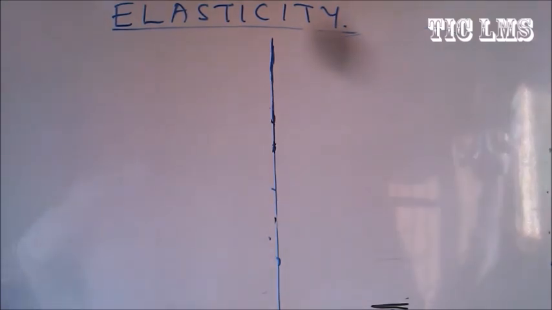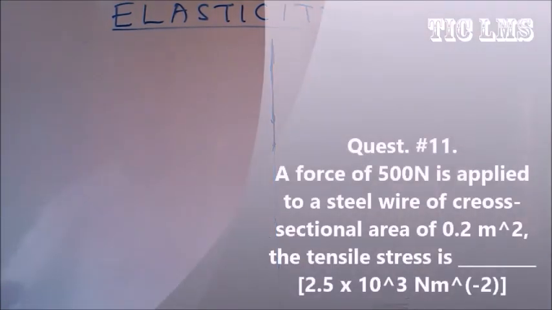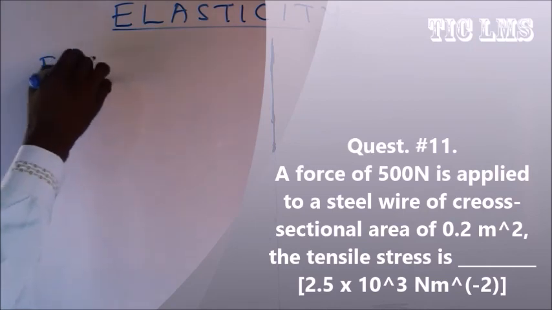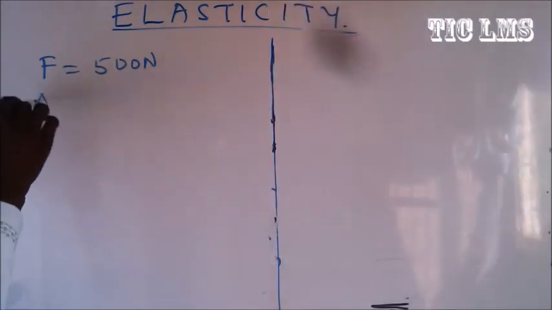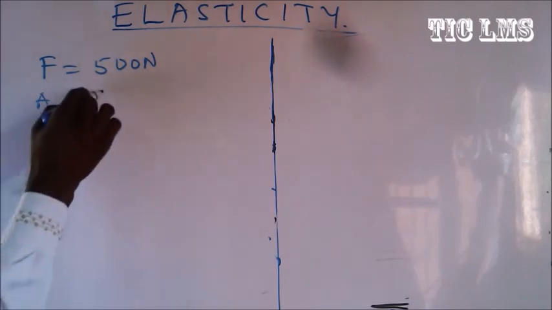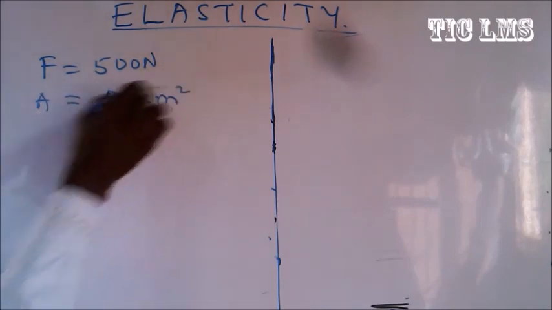This next question says that a force of 500 Newton is applied to a steel wire of cross-sectional area of 0.2 meters squared. The tensile stress is what? So we are given that our force equal to 500 Newton and is applied across a cross-sectional area of 0.2 meter squared.